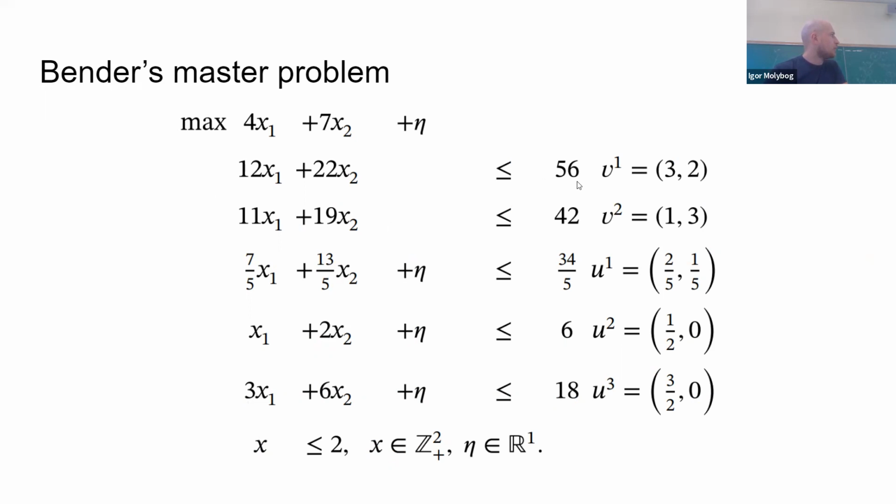Each of the extreme points and extreme rays of U corresponded to a specific inequality in the master problem, and there was also a description of the feasible set X that is outside of the description of phi. After we put this all together, this view of the master problem makes it much easier for us to solve.